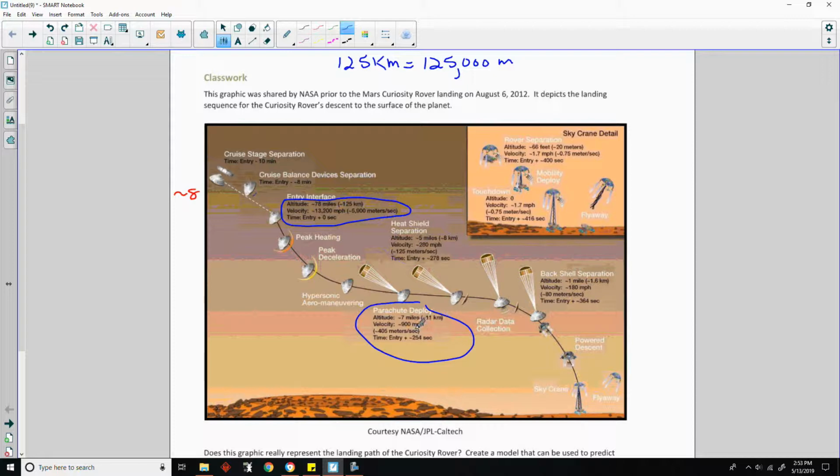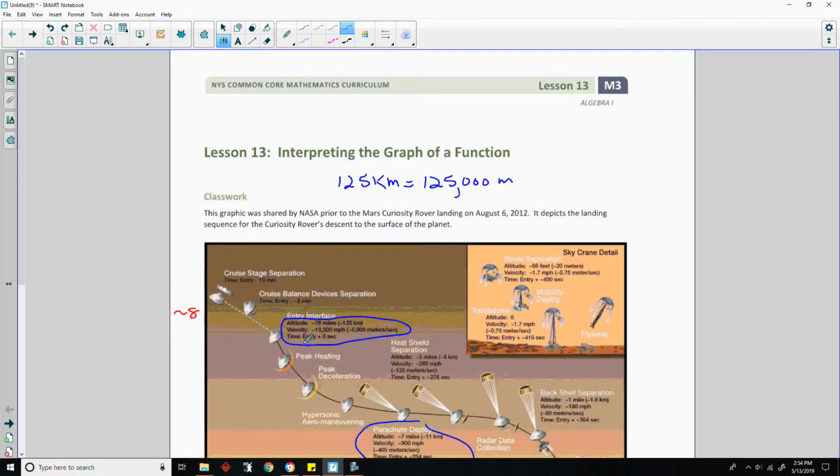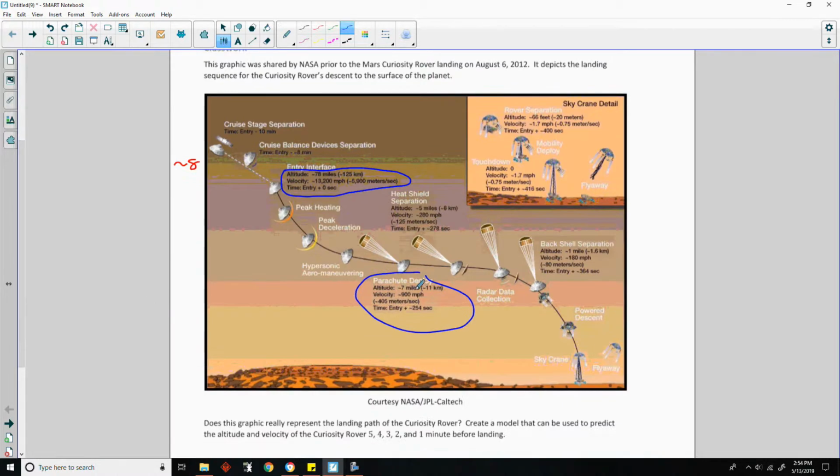The parachute deployed first, at altitude 11 kilometers. So that is 11,000 meters, and it's 254 seconds. So I'll put that first: 254 seconds, and it's 11,000 meters. And then go back and look at the velocity. The velocity is negative 405 meters per second.